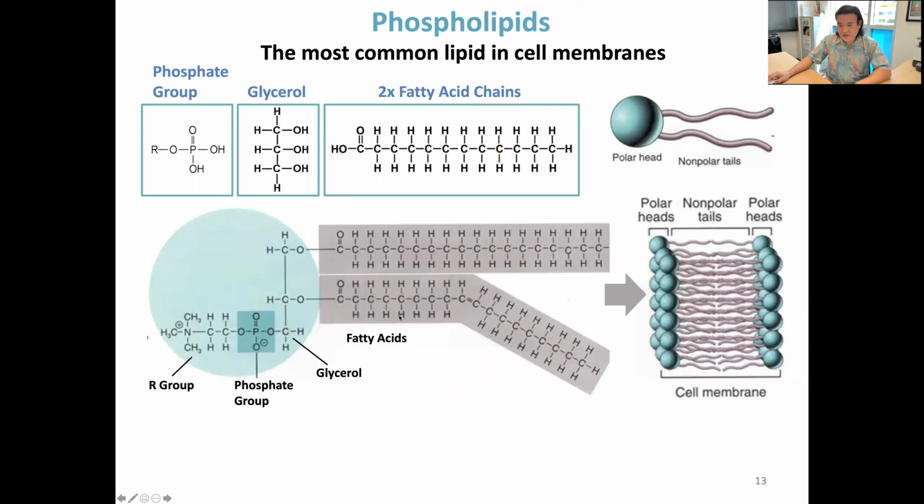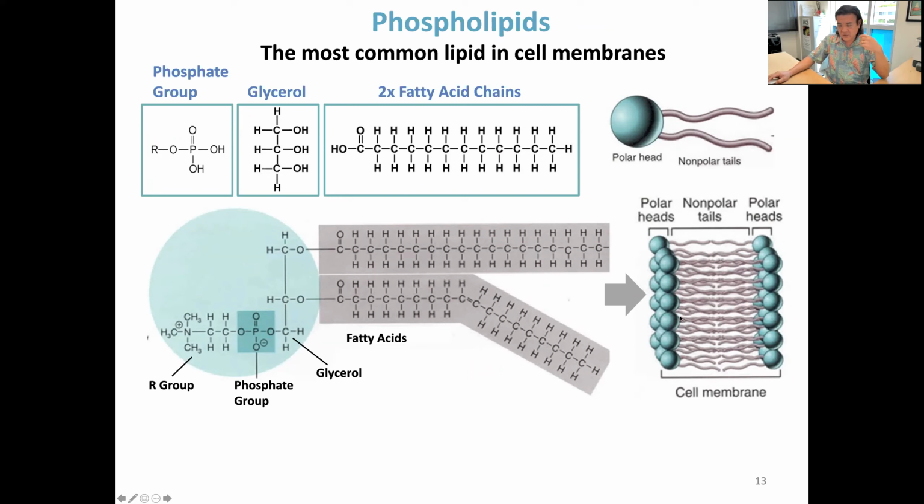Okay, so phospholipids, make sure you go back and review the structure, right? Remember, some key things are that a phospholipid is made up of two fatty acid chains held together by a 3-carbon glycerol. Two of those carbons in the glycerol are hanging onto the fatty acid chains. The third carbon is hanging onto a phosphate group with some kind of variable R group also linked to it.